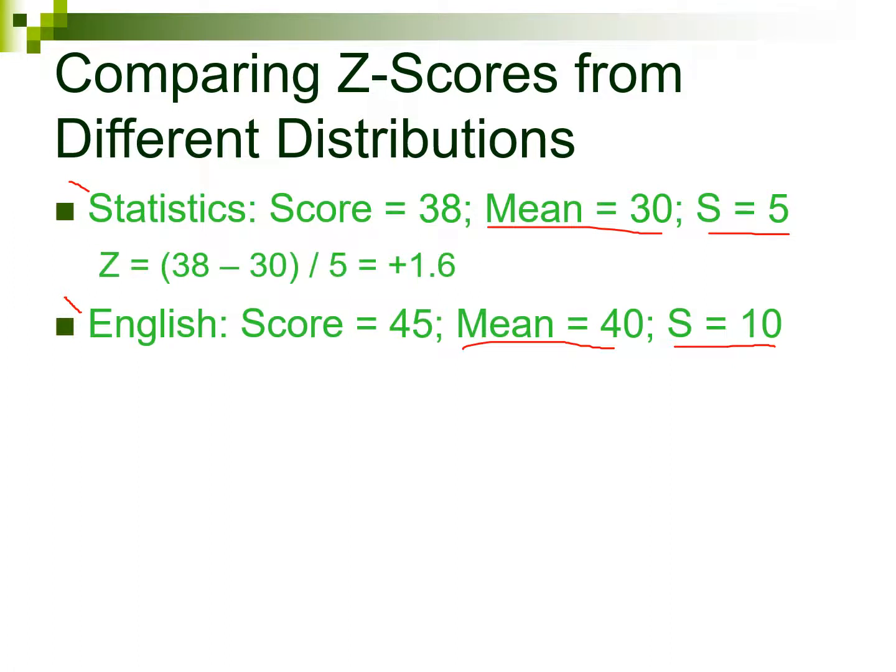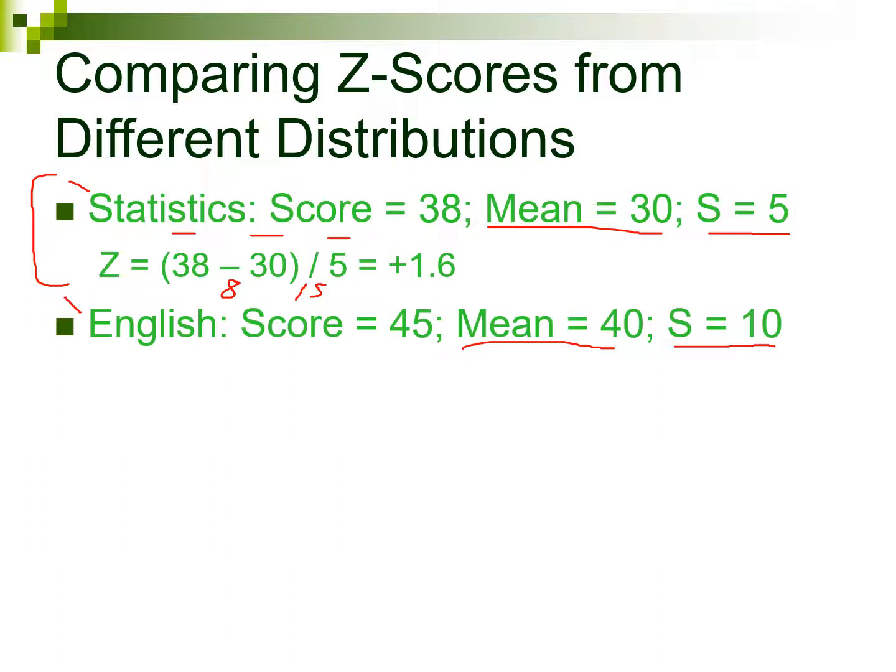What we're going to do now is just transform each of these raw scores into z-scores. First, for the statistics exam, the z-score for this raw score is going to be the raw score minus the sample mean divided by the sample standard deviation. Don't forget correct order of operations. It's 38 minus 30, which gives us 8. And then 8 divided by 5 gives us 1.6.